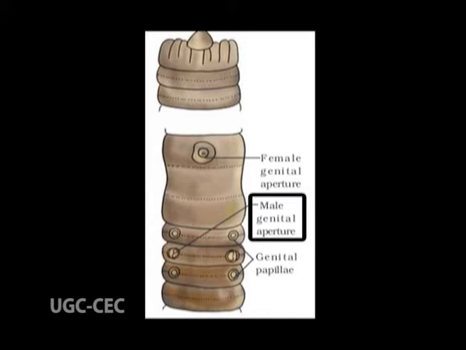Male genital pores. A pair of male genital pores lie on the ventrolateral surface of the 18th segment. It is a semicircular opening. Actually, it has 3 adjacent openings. Out of these, one is the opening of the prostatic duct and a pair of openings of spermatic ducts on its side.